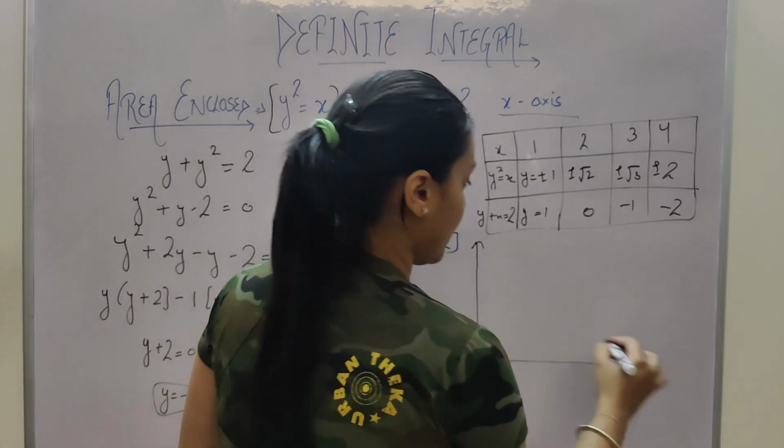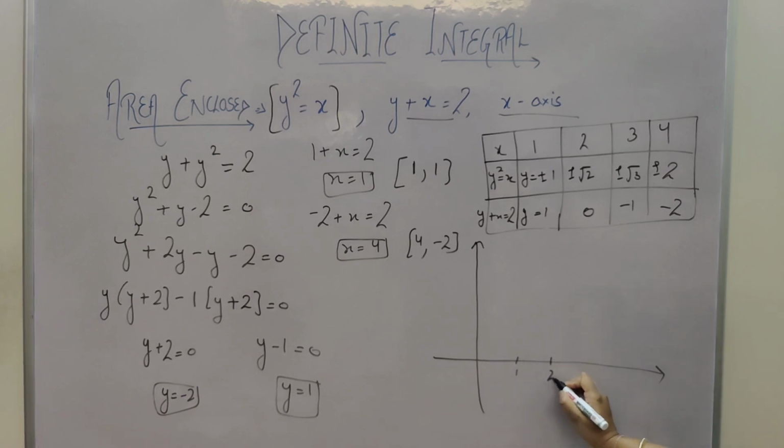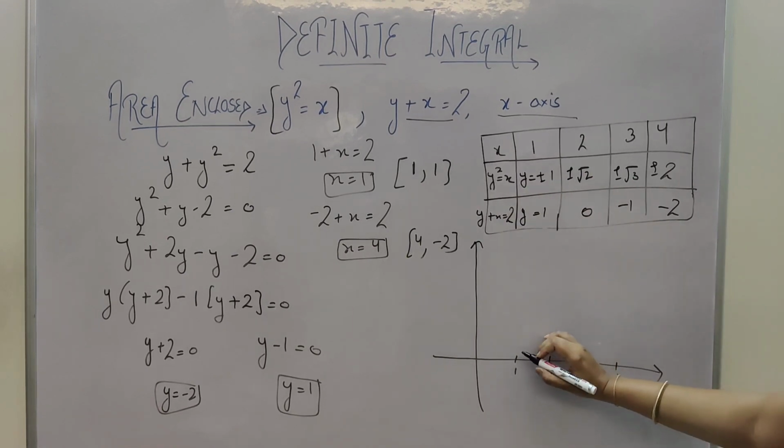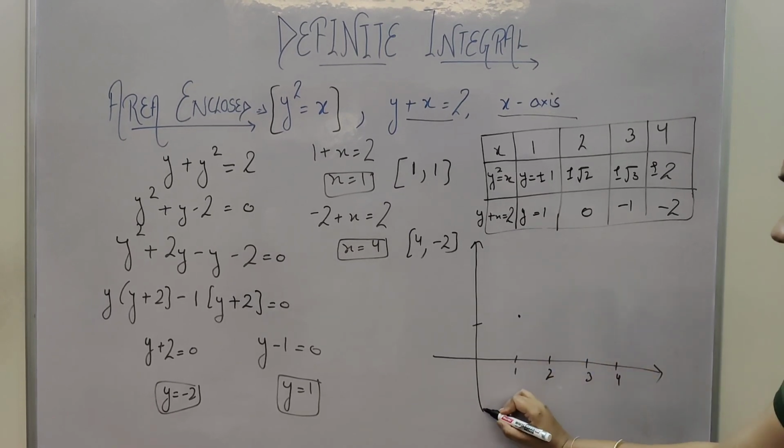Now draw the diagram of this question, if x is equal to 1, 2, 3 and 4. Clearly, for the parabola, these are the points 1 and minus 1.